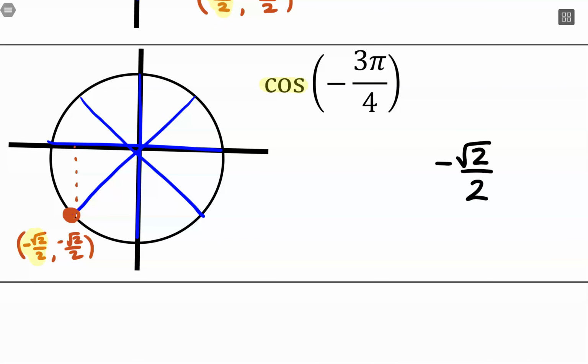root 2 over 2. So with the unit circle, with these triangles, what we're getting at is for these specific angles that are coming through on the unit circle, we can make these exact substitutions. So if we're solving something and come across this cosine of negative 3 pi over 4, where this gets stuck because it's function notation, again, we have this name of a function and we're showing an angle where we know the measurement of the angle, but what we want to do is replace that with a number so that whatever we're doing, we can keep solving.